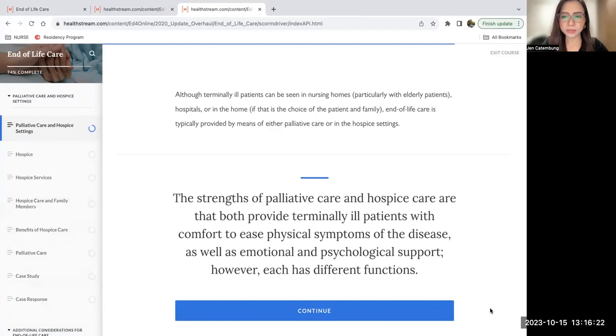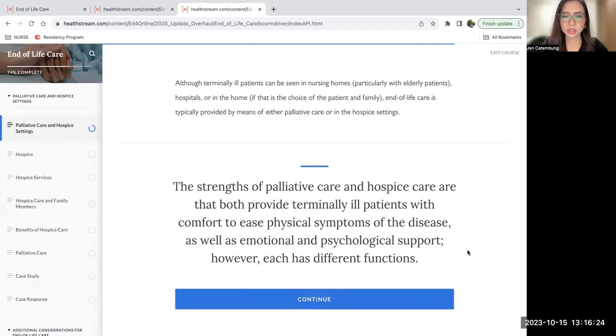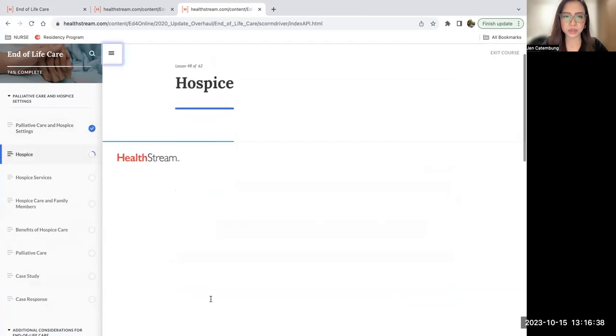The strengths of palliative care and hospice care are that both provide terminally ill patients with comfort to ease physical symptoms of the disease, as well as emotional and psychological support. However, each has different functions.